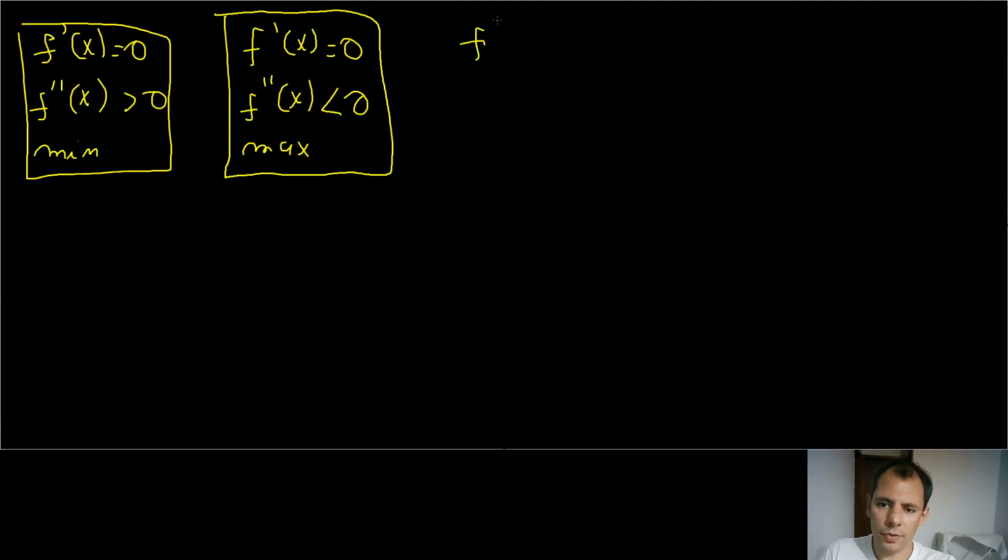Now when you have the first derivative equals 0 and the second derivative also equals 0, then you don't know with the second derivative test. Then you have to go to the first derivative test. If in the first derivative test, you got a point here, and at this point the slope is 0, the first derivative is 0, but then the first derivative is negative here and positive here, this is a minimum.